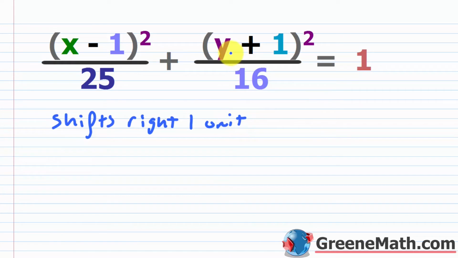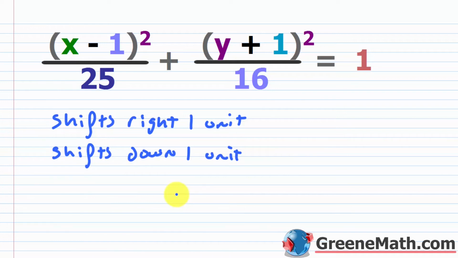Now, inside the parentheses here, we've got +1, and now we're thinking about y. Y is vertical, so do the opposite of what you think. It's +1, so that's going to shift me down 1 unit.